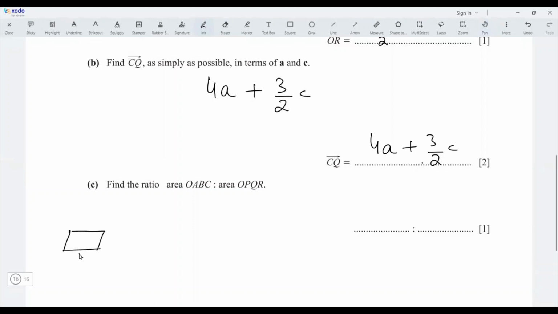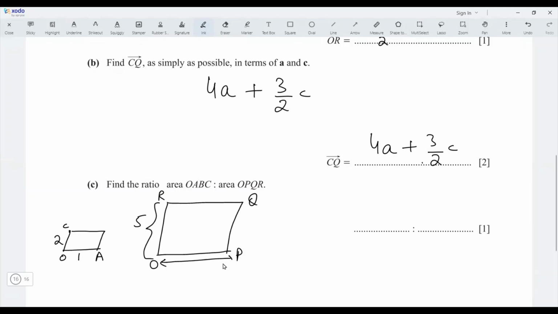So O till A is given, that is 1, and O till C's ratio is also given, it's 2. Similarly, we have to make the bigger parallelogram OPQR, O till P, and it is Q here and R here. So the overall ratio from O till R we have found out already, it's 5, and O till P's ratio is also given as 4.